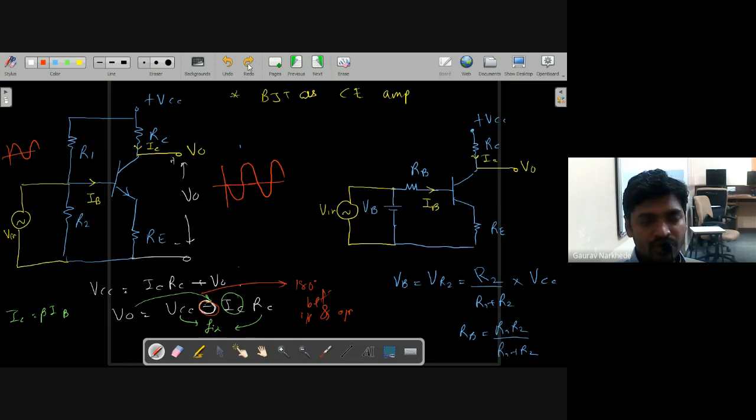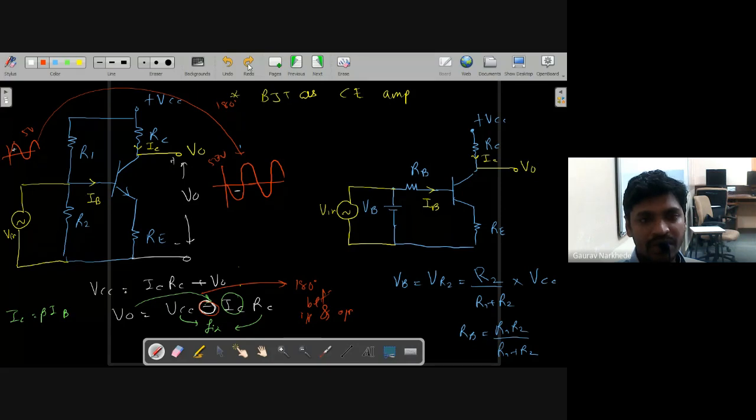For example, if the peak to peak amplitude of the input is 10 millivolts, then your output peak to peak amplitude will be 100 millivolts. But what will be the difference? Let us say one more example: if input is 5 volts, output will be 50 volts. But the difference is that a 180-degree phase shift is there between the input and output.